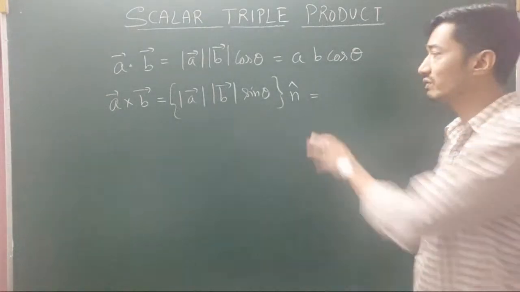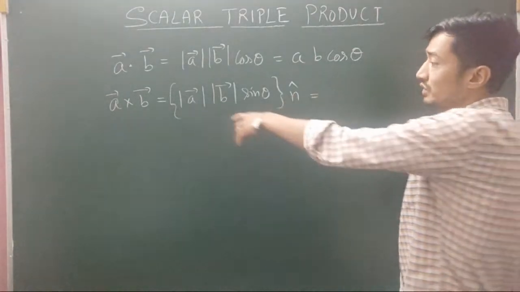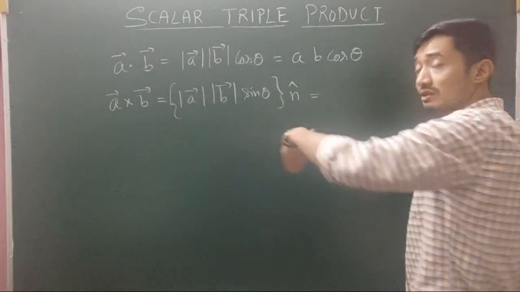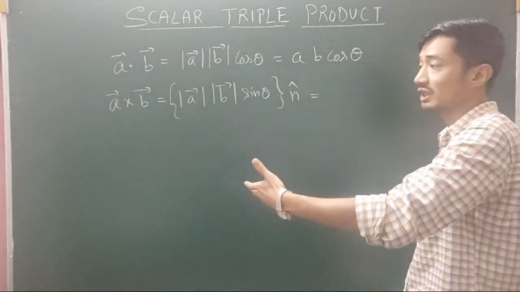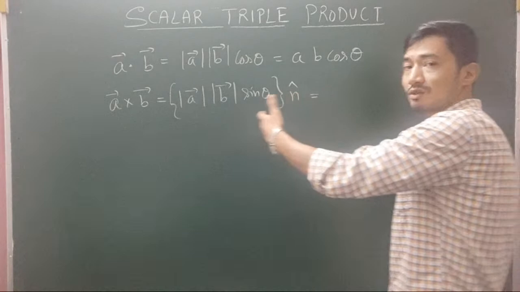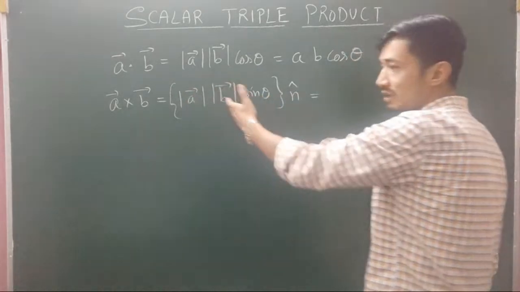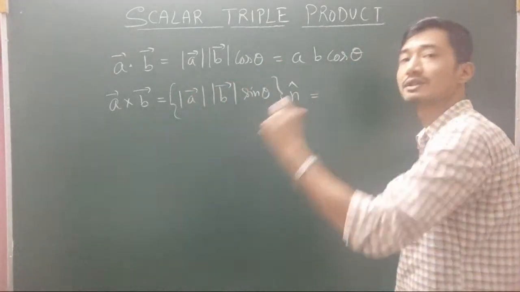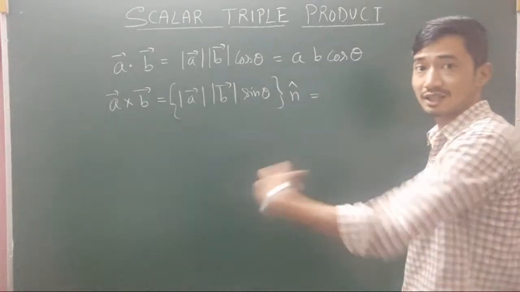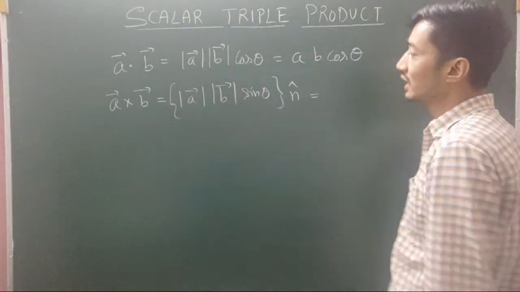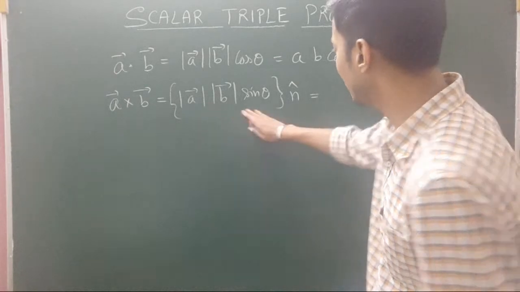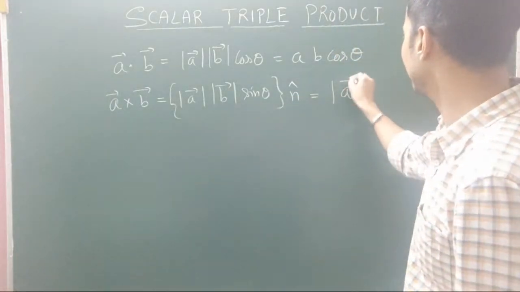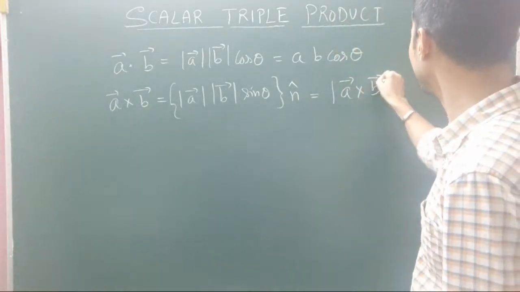This represents a unit vector that is perpendicular to each one of A and B, because this is cross product and it represents a vector. That vector will be perpendicular to each one of A and B. So for example, if it's the xy plane, then the resultant will be along the z-axis, either inwards or outwards. I also told you that the value AB sine theta is the magnitude of A cross B, if you remember.